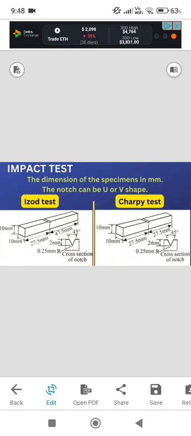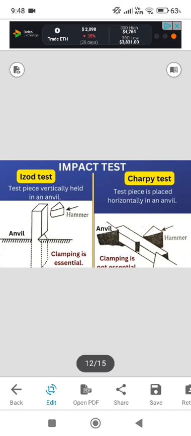The next difference is the specimen position in the anvil. In the Izod test, the test piece is held vertically in the anvil. The 47.5 mm portion goes inside the anvil and is clamped. Only 27.5 mm is shown above the anvil. The notch surface and the anvil top meet at the same point.